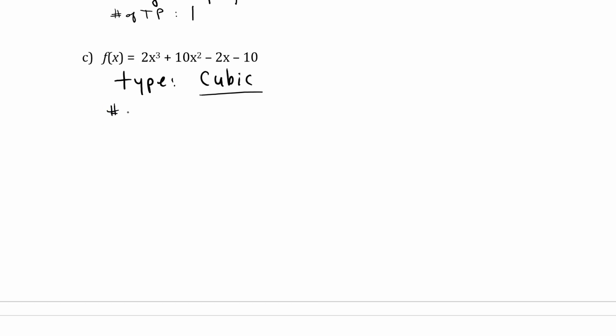The number of possible x-intercepts, where the graph intersects with the x-axis, it can be as, no, it's always going to be at least 1. It's going to be 1, 2, or 3. So let's see which one it actually is.